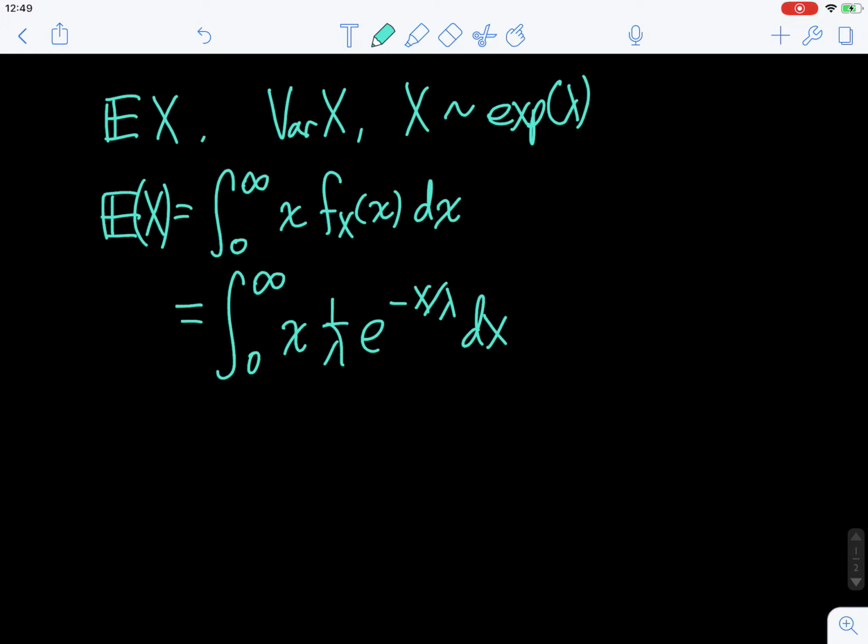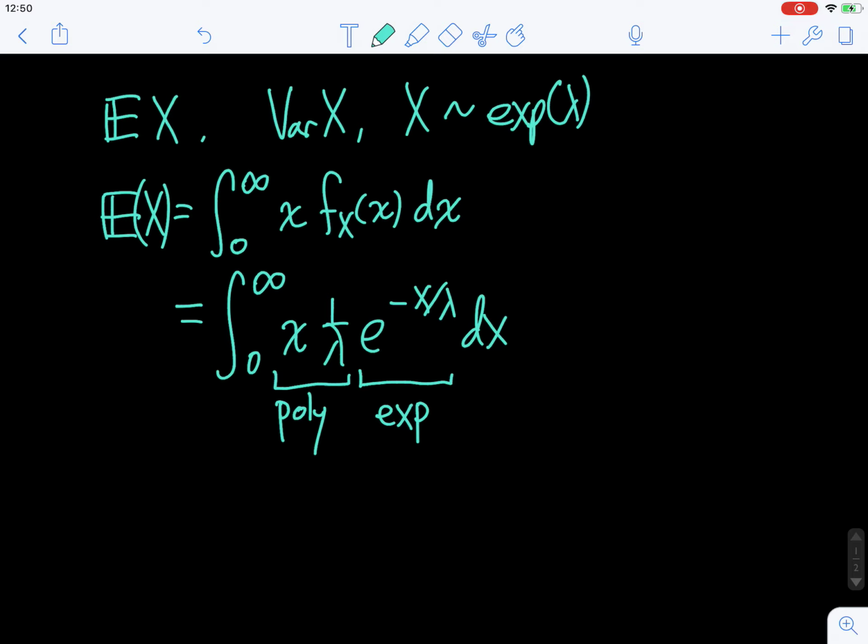So on this side, we have a polynomial being multiplied to an exponential function. So remember that exponential functions are easier to integrate than polynomials, okay?